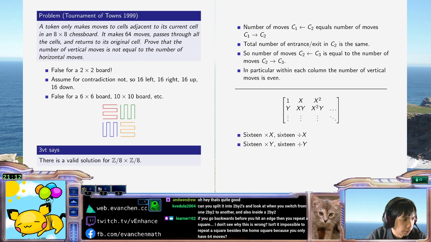Can I go by 2 by 2s? I don't like it. I don't like it because it feels, I don't know, why should it matter?